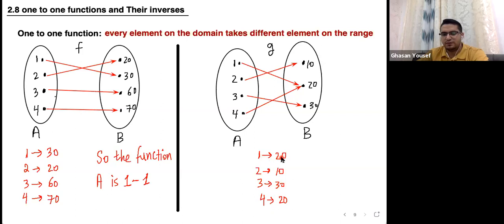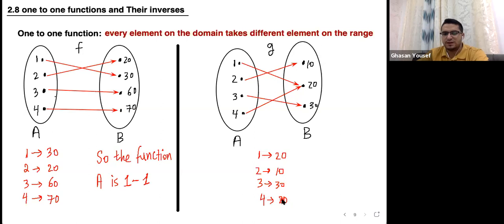Again, 1 takes 20, and 2 takes 10, so it's still different. 3 takes 30, still different. Look, 20, 10, 30 are not the same. But 4 takes 20, which is the same as 20 here. So 1 takes 20 and 4 takes 20.